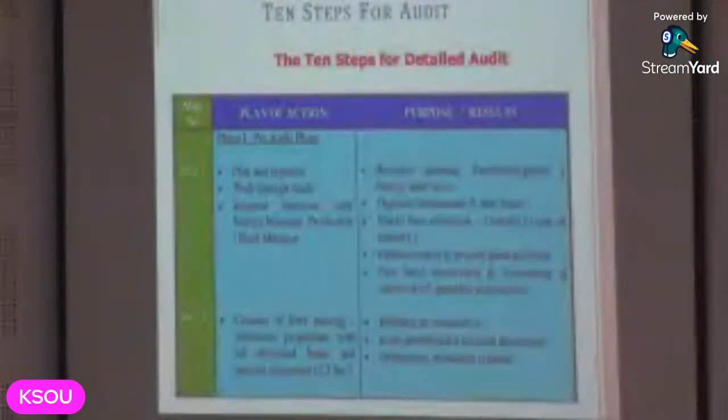Then conduct a brief meeting, awareness program with all divisional heads, meaning we need to meet all the people, because in an industry, you don't have a department or people who don't consume energy. That's where we need to meet all the people. We need to involve each and every department.